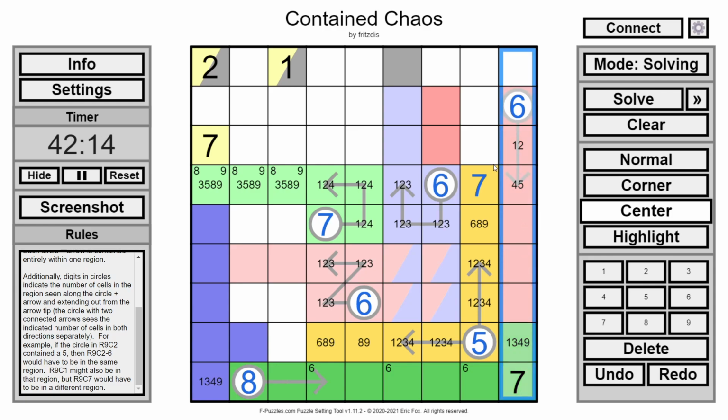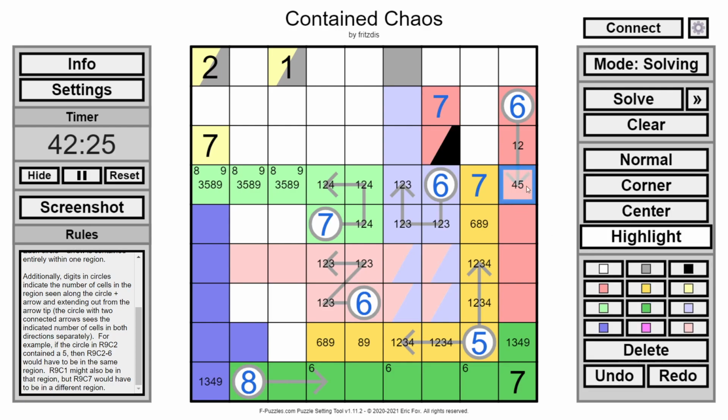It also can't go in these cells, so it's going to be placed over here. And actually this 7 means this must be a 7. So this must be the black cell. This must be dark pink, which means this must be dark pink. So I think dark pink is done. 1, 2, 3, plus 6, yeah.